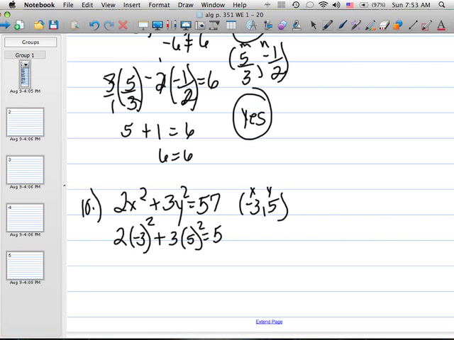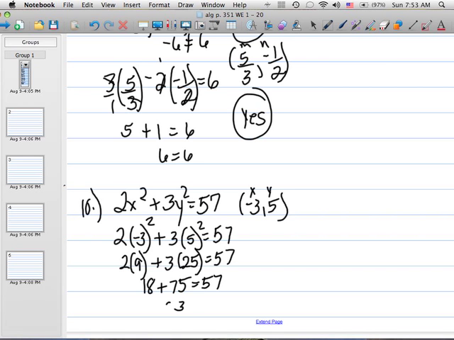And we're checking to see if it equals 57. Negative 3 squared is 9. 5 squared is 25. I think we can see it's not going to work. 18 plus 75 is going to add up to 93, and that does not equal 57. So that's a no.